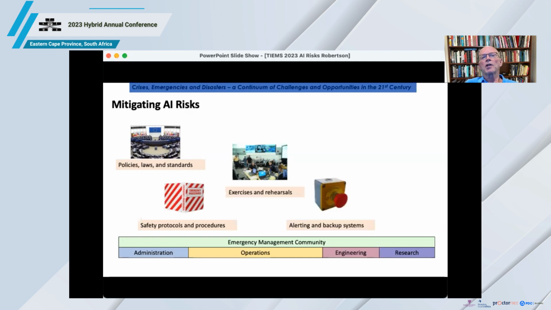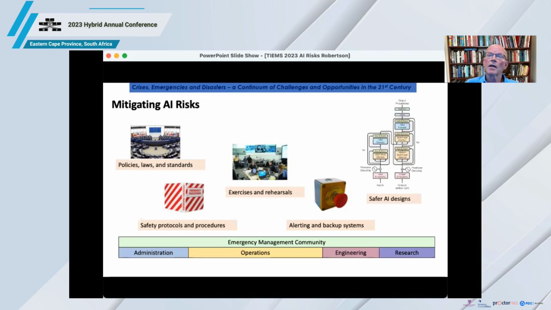From an engineering standpoint, some of the potential risks of AI can be mitigated by developing, sometimes using AI technology, watchdog systems and other ways to backstop, alert, and even shut down problems with AI systems going haywire. And then finally, in research, there are ways to design the AI models so that they can be inherently safer.